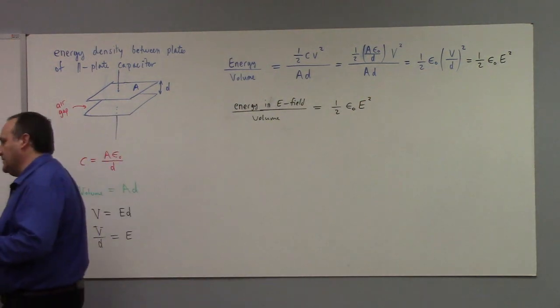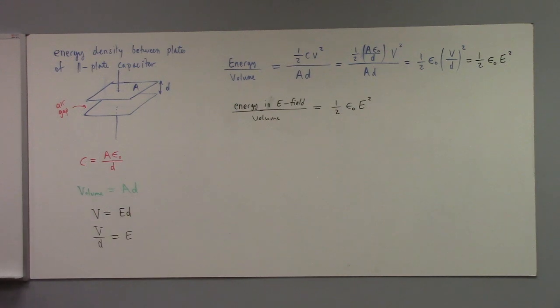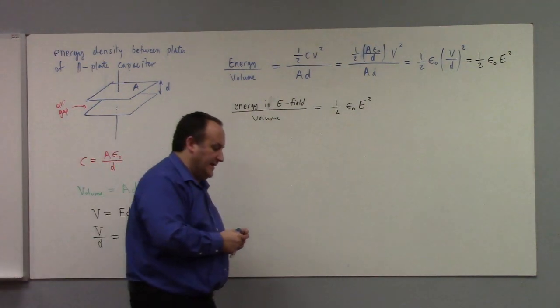I've shown you that this pattern holds for a capacitor, and I'm just begging your trust that this continues to be true outside the scope of this example. I don't have a good proof for you for that today.